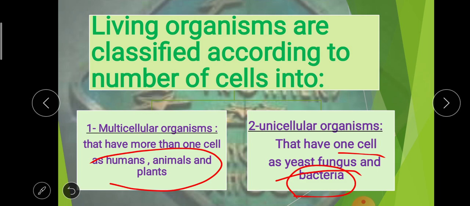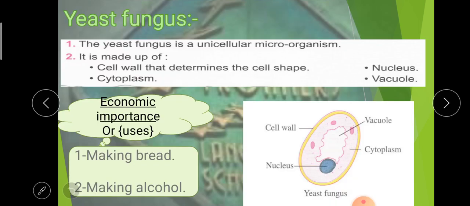We will identify yeast fungus as an example of unicellular organisms. We examine yeast fungus under the microscope. It is a microorganism, which means a very, very small organism. We cannot see it with the naked eye, only under the microscope.